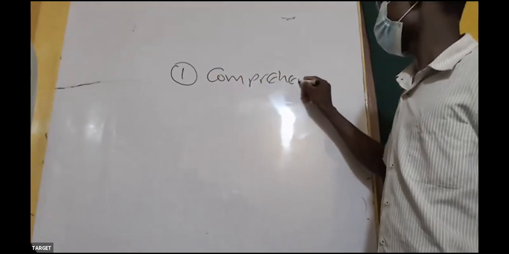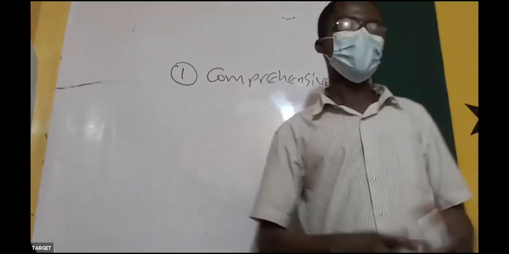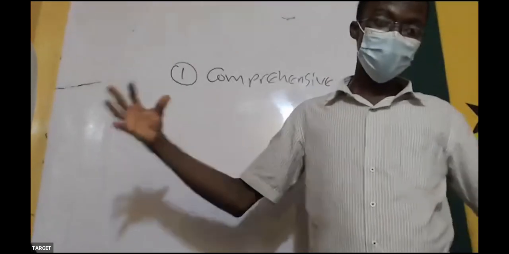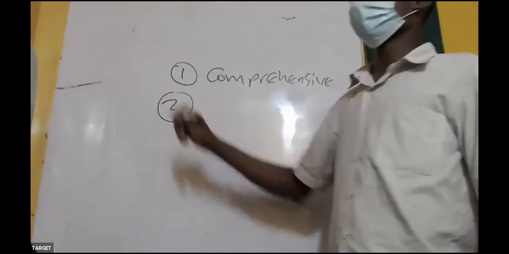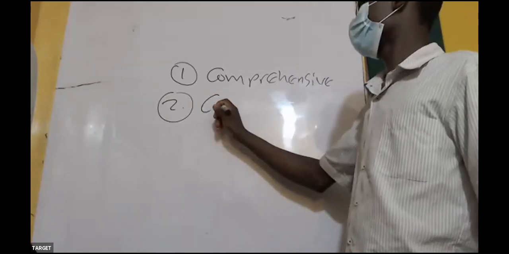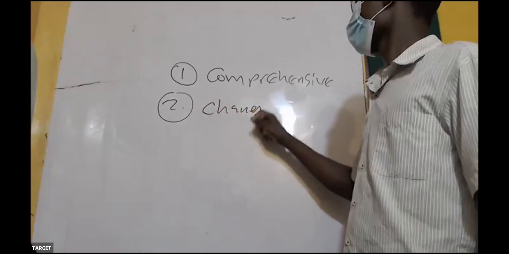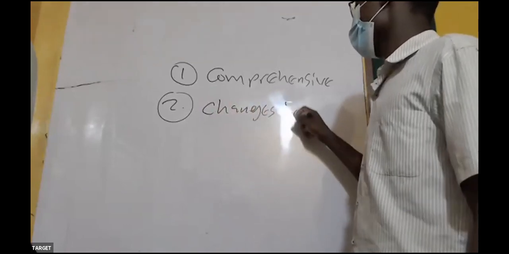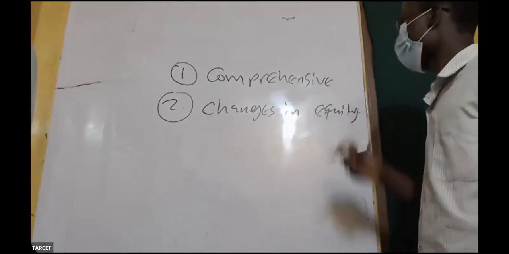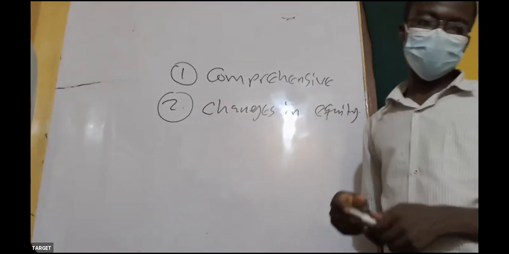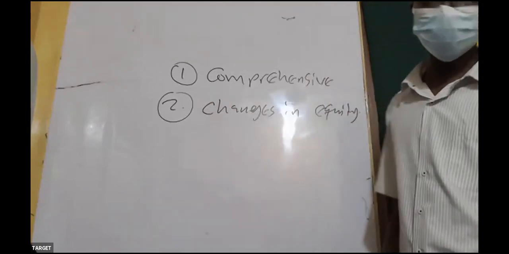So the comprehensive income prepared by the parent and then the subsidiaries, we can consolidate it. Number two, we can prepare what we call consolidated changes in equity. So you can prepare a consolidated statement of changes in equity.